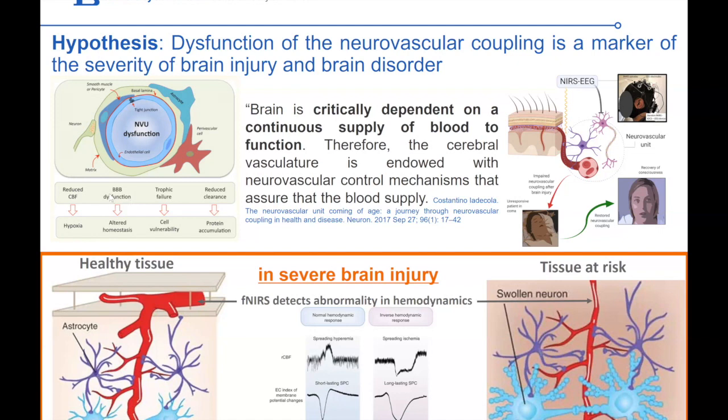Then it can also lead to blood-brain barrier dysfunction, which can lead to an altered homeostasis in the brain tissue. Trophic failures lead to cell vulnerability to death. And of course, recently there's this idea of reduced clearance of byproducts, especially protein accumulation in the brain that can lead to dementia and so on.